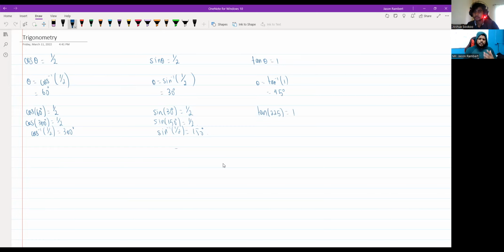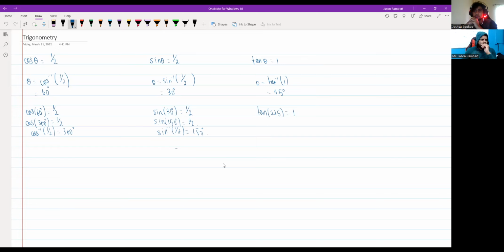Because remember, when solving these, I'm solving for the value of theta that makes this equation equal to a half for cosine theta, for sine theta, and for tan theta, the value of theta that makes tan theta equal to 1. But the calculator only gives us one answer.